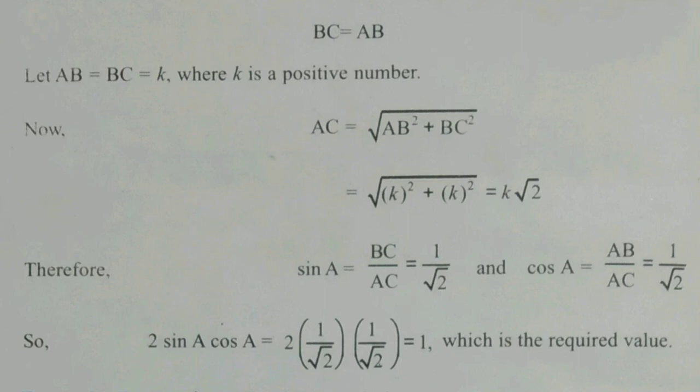Similarly, cos A, which is equal to adjacent side upon hypotenuse, where AB upon AC works out to 1 upon root 2. Substituting the values of sin A and cos A as 1 upon root 2 in the given condition, we get the value of twice sin A into cos A equal to 1.